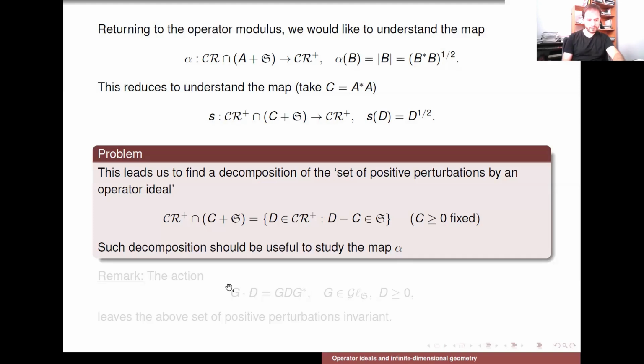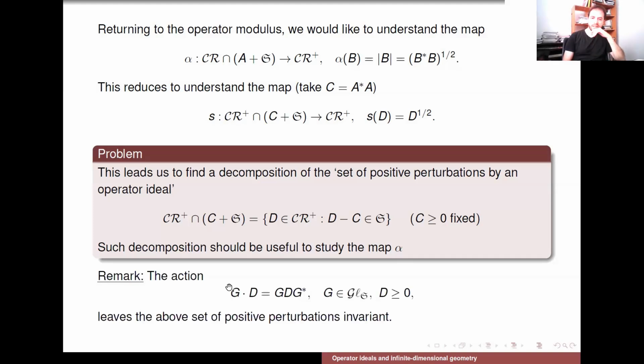So an important remark here is to note that our set of perturbation is invariant by this action. This is known as the congruence action. We are acting here with the invertible restricted group.